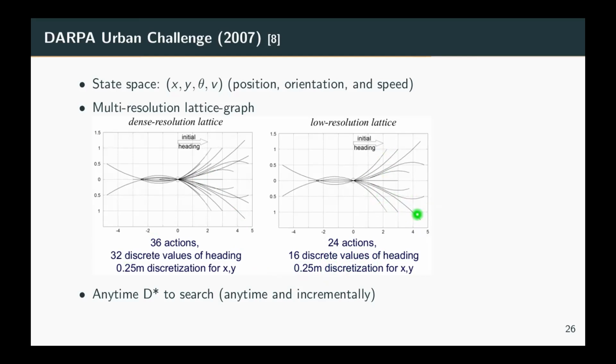And then they first plan in the low resolution lattice because the branching factor is smaller, and then they can do finer planning using the dense resolution lattice. And they use the Anytime D-star algorithm, which we didn't discuss in detail, but it is a combination of the ARA star algorithm that we did discuss and the incremental approach that can deal with newly appearing obstacles or changing edge costs.